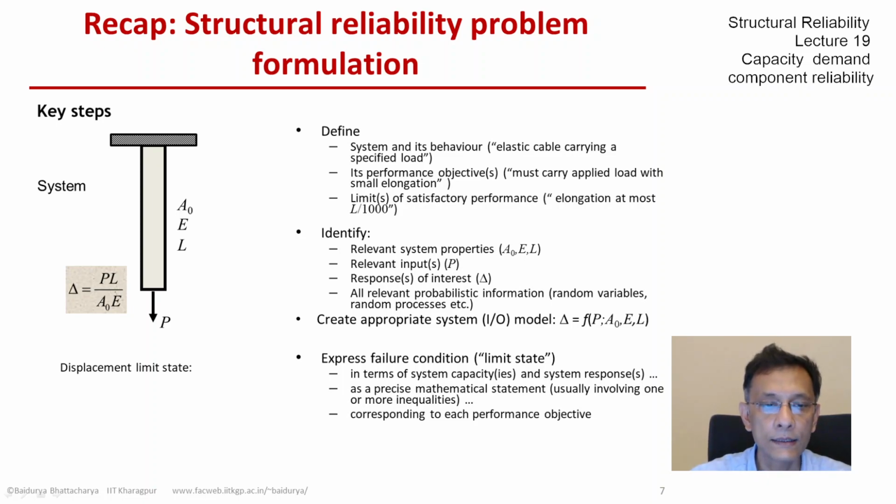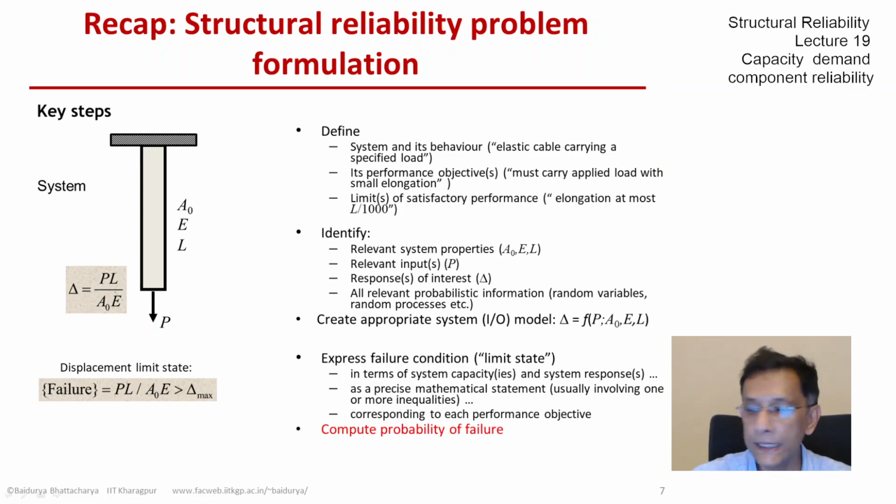For doing that, we would need the definition of the limit state, which is a precise mathematical statement of the failure condition, coupled with all the probabilistic information, which would allow us to estimate the limit state probability.